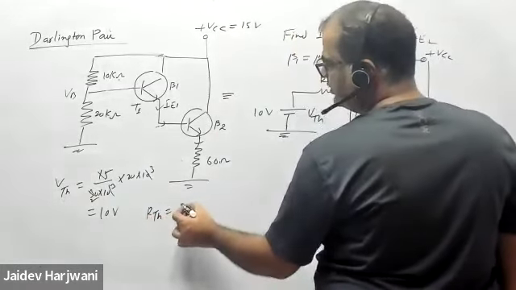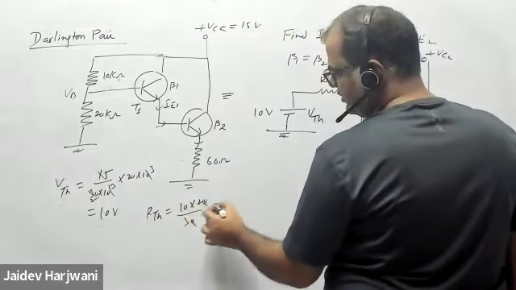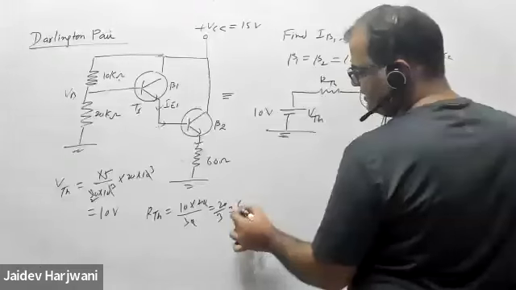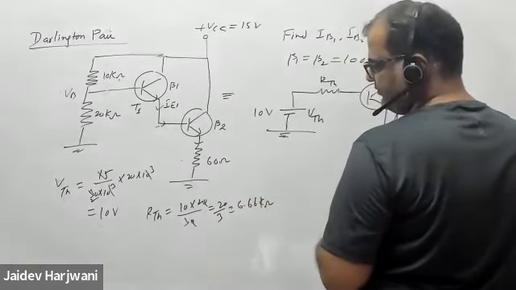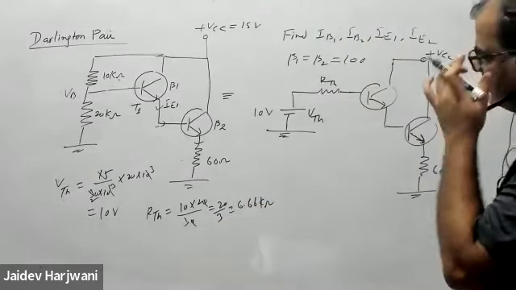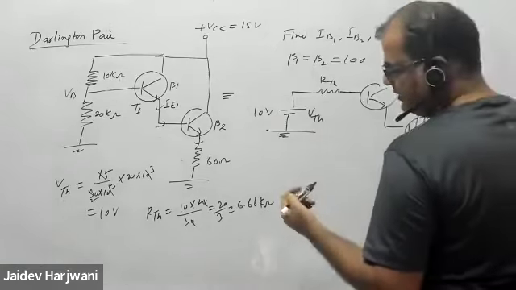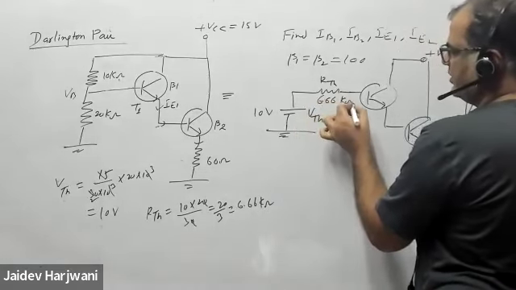R1 into R2 upon R1 plus R2, 10 into 20 upon 30, 20 upon 3, that is 6.66 kilo ohm. Is that correct? So this has become 6.666 kilo ohm.